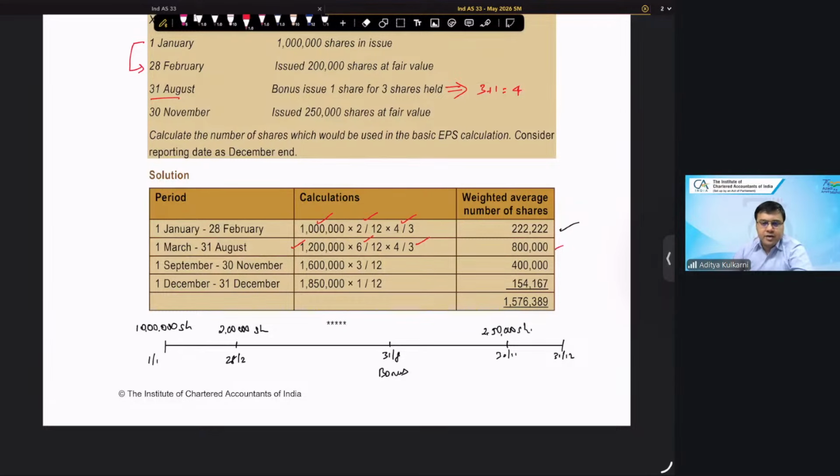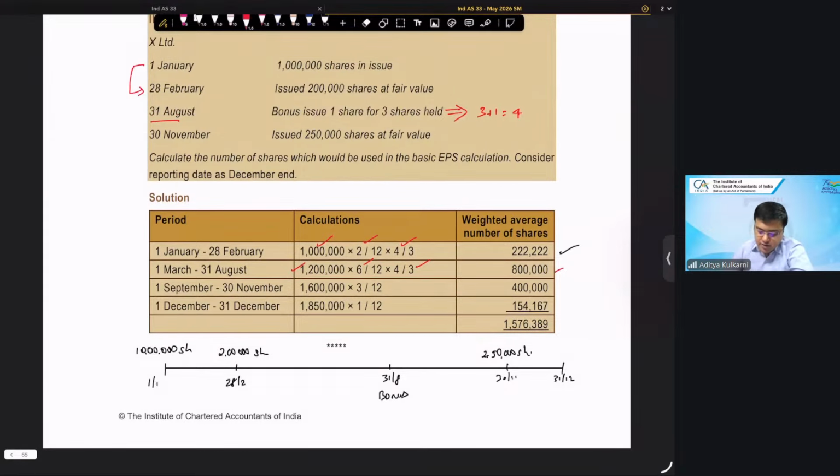Fair enough. Now, 1st September till 30th November. Now the bonus is no longer an issuance item. It is already there in your existence. So 10 plus 2, 12 lakh shares and into 4 by 3. So this comes to how much?